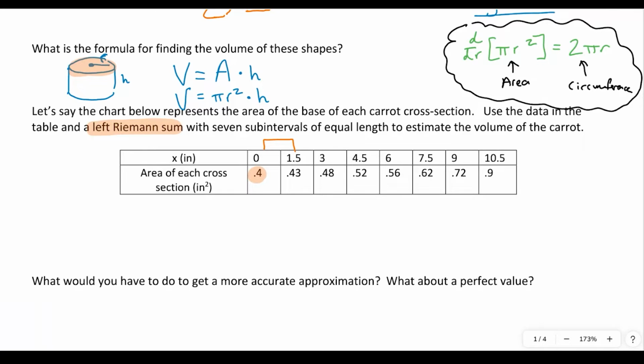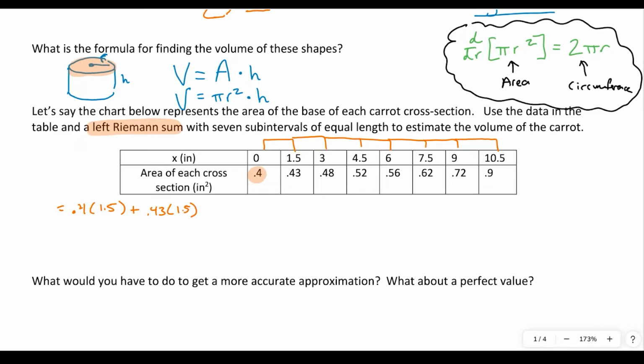All right, so let's set this up. We've got a total of 7 subintervals. Each one is of equal length. So these cross sections will each have the same distance between the bases, 1.5 centimeters. And so we could write this out as, the base area 0.4 times the height 1.5 plus 0.43 times 1.5, so on and so on.